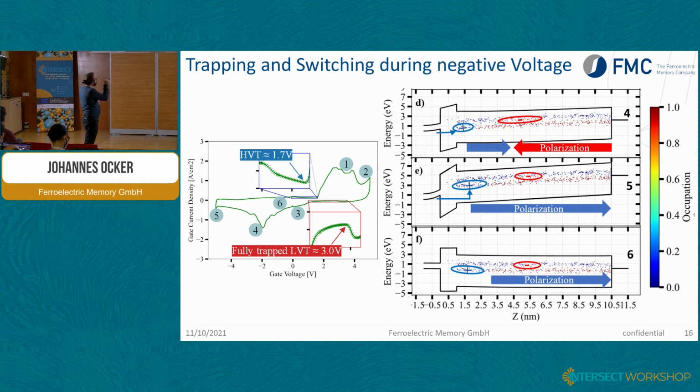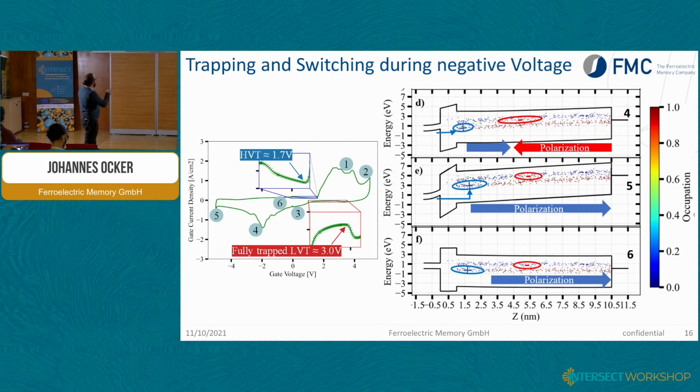And these holes can tunnel to these traps and charge them positively. But what is interesting here is that we can actually never quite reach these electrons that are deep in the stack, at least in terms of simulation. This is not possible, so if we do the polarization hysteresis, we can never fully recover them or make this part neutral.